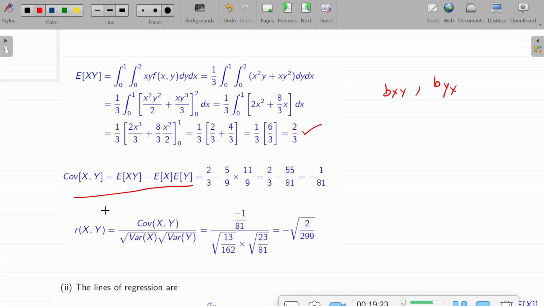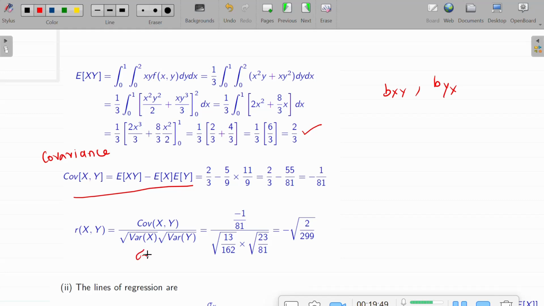The covariance is given by expectation of xy minus expectation of x into expectation of y. Where R is given by covariance upon square root of variance of x into variance of y. Okay, so this is actually covariance, not correlation. It is covariance. So correlation is covariance upon sigma x, sigma y.